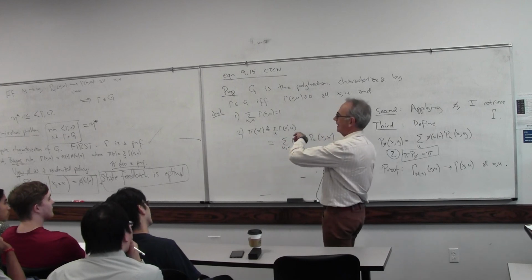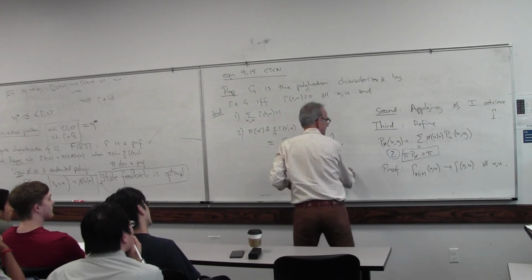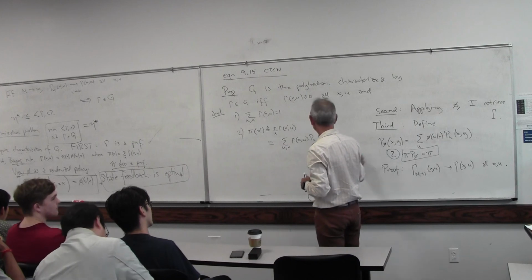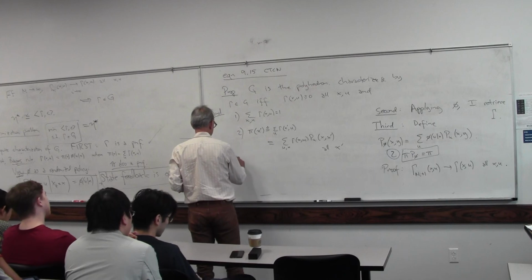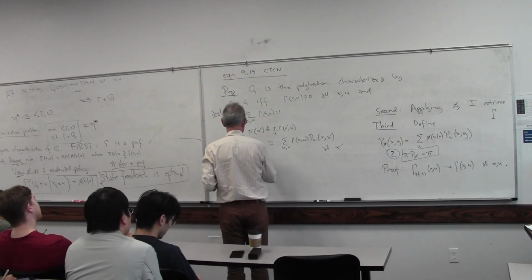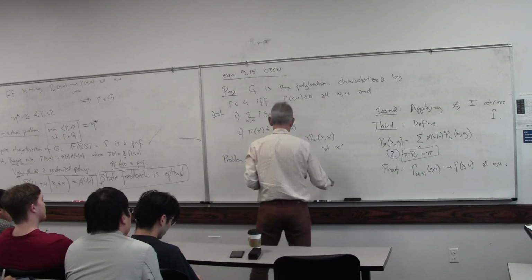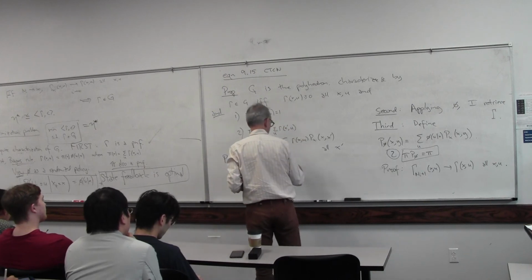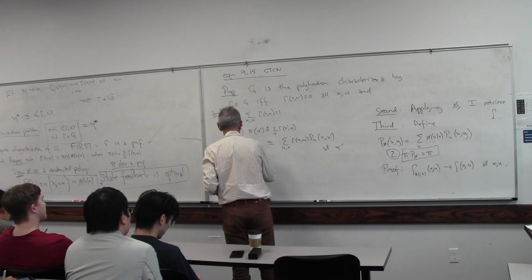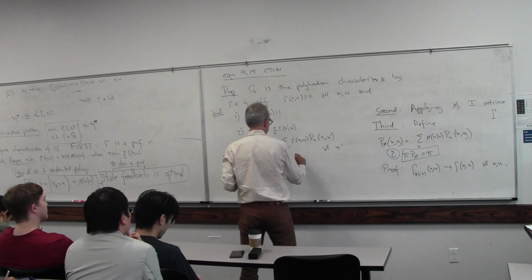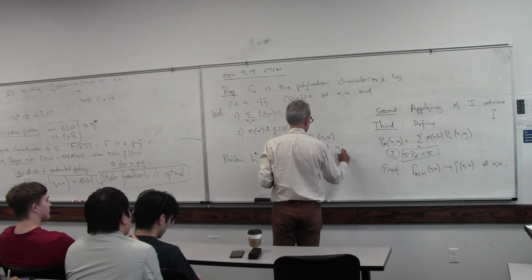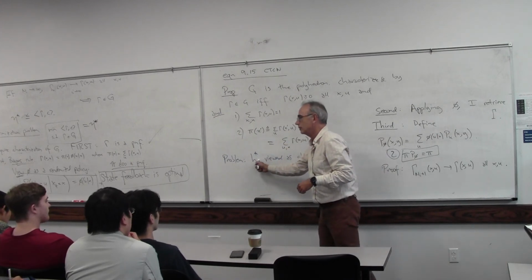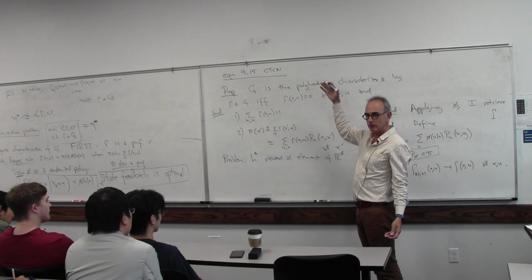But the problem, of course: h, let's call it h star. If there are d states, then the value function is a d-dimensional vector, right?